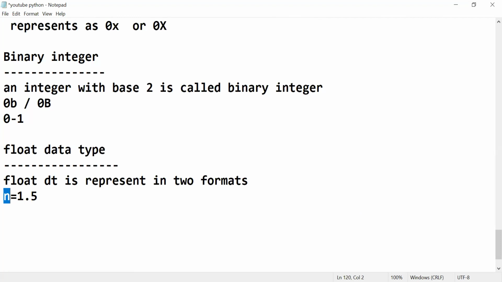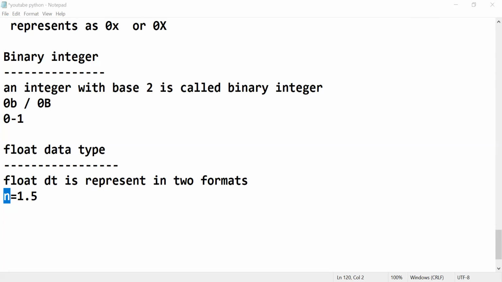I will show you now. Suppose you take n equal to 1.5. Now I am printing the n value. We got 1.5.